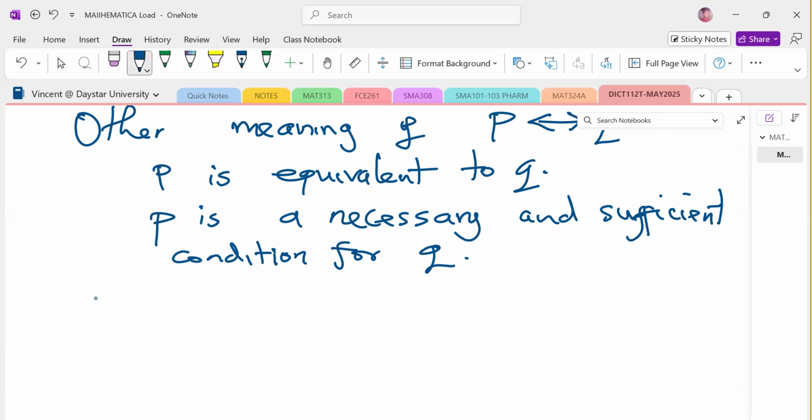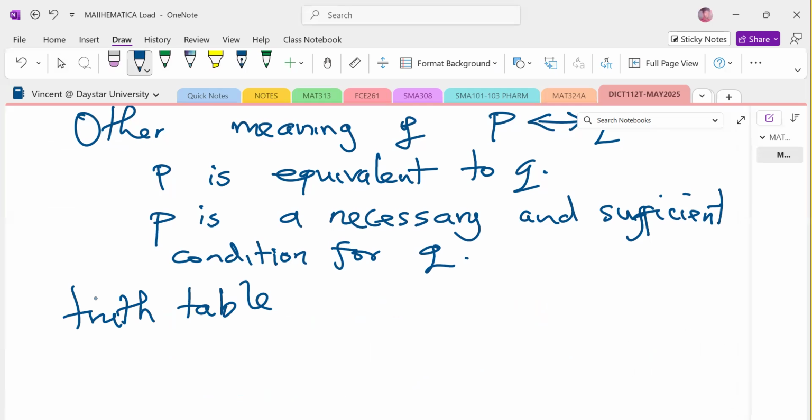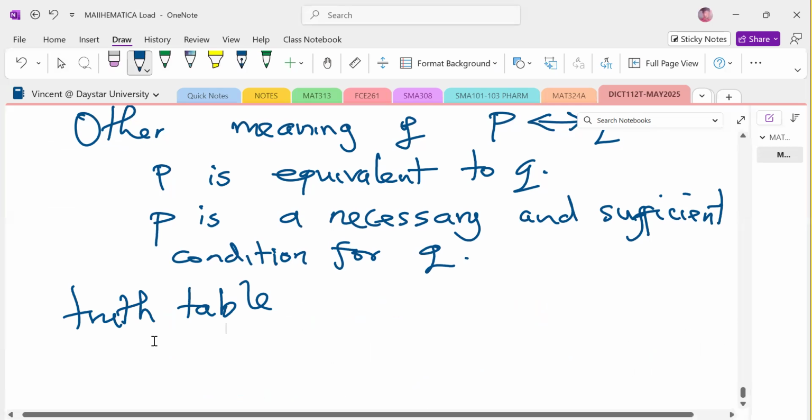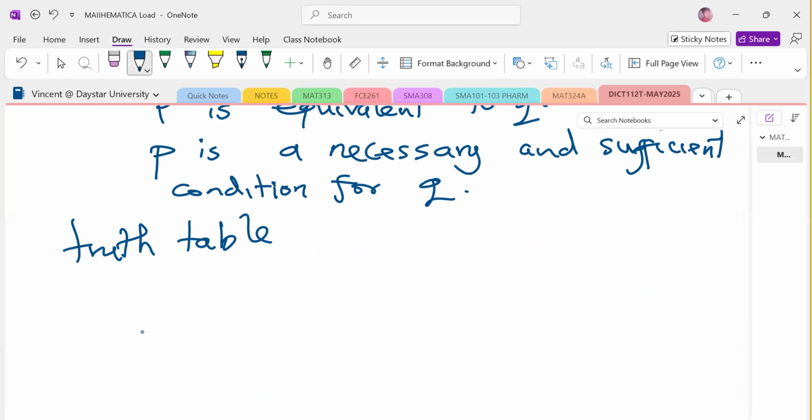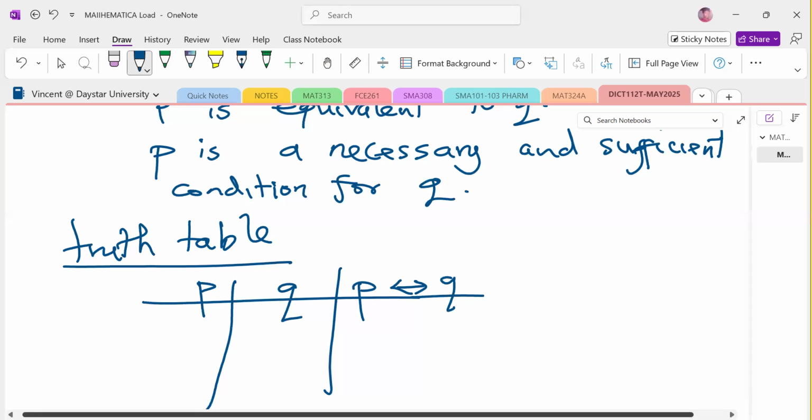The truth value for this one is very direct. The truth table. So as usual, we'll have 4 rows. So P, Q, P if and only if Q. 1, 2, 3, 4.